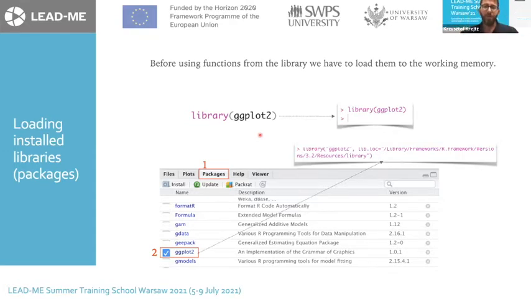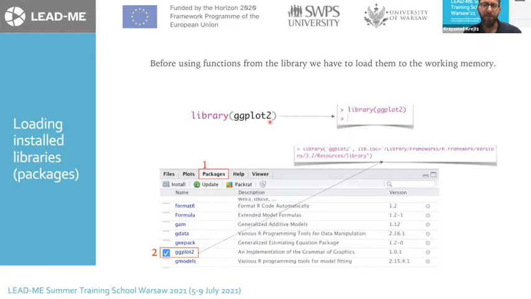When you install the package on your computer, it doesn't mean that you can start using it immediately. The next step, you have to load this package and all its functions into the current R session. You can load the package into the current R session with the function library.